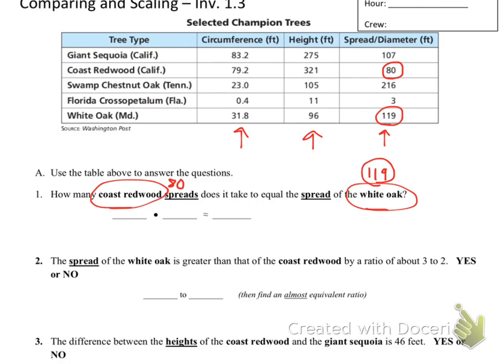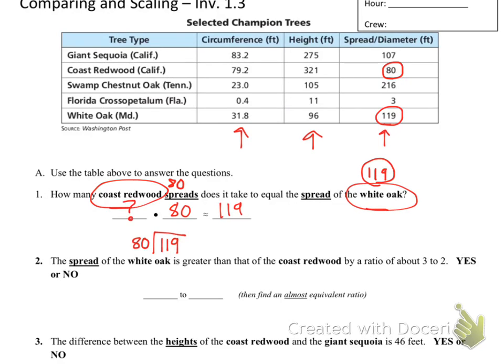I want to know how many of this will make that. So basically, what number times 80 will give me 119? I don't know that middle number. How can I find it out? Well, I can take 119, and a calculator would be very handy for this, and divide it by 80.